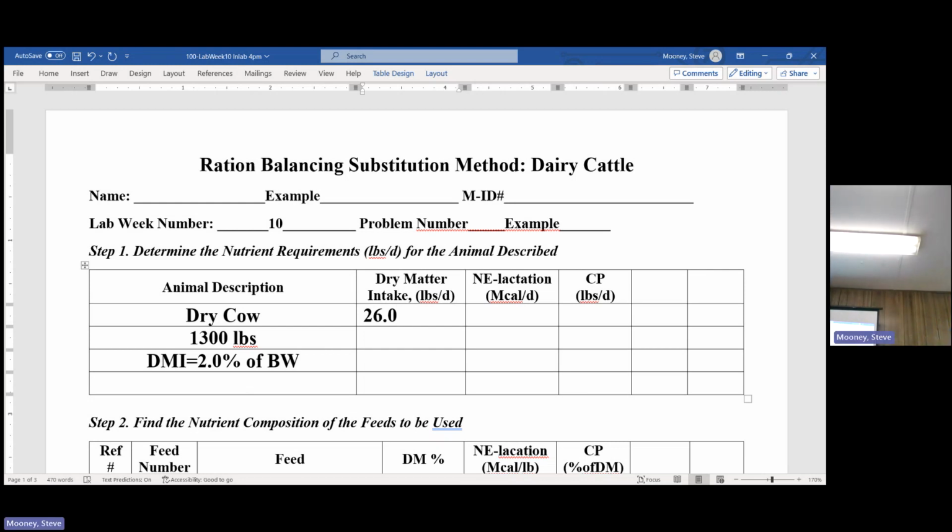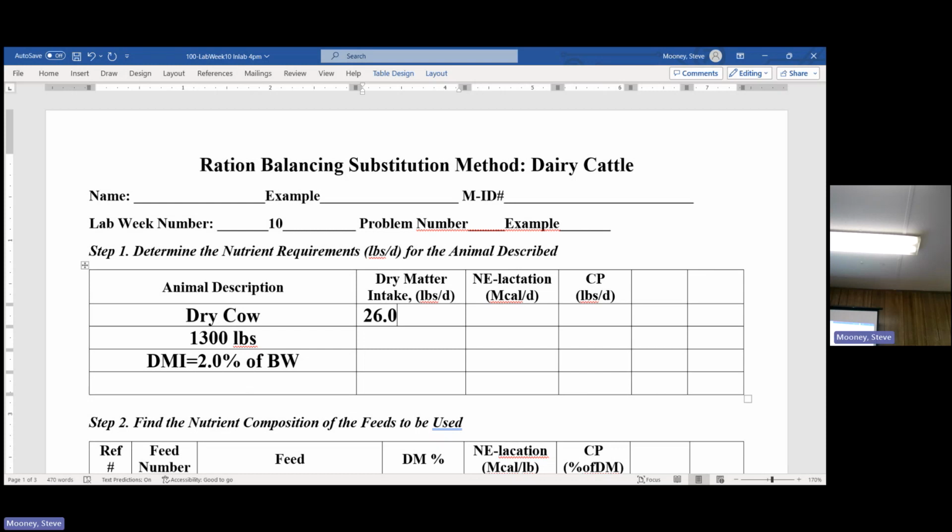Where are we going to find our megacalories required per day? We need our table 2. Where are we going to look? Middle section. Make sure we get 1,300 pounds.